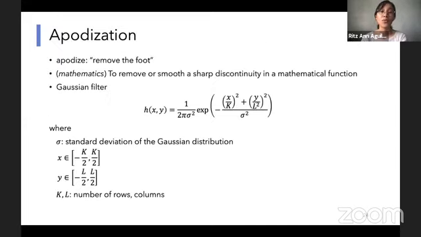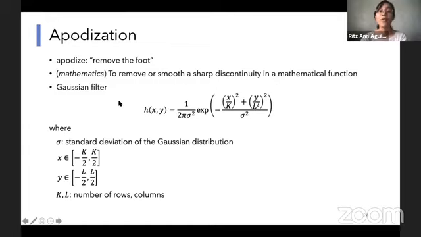Another method we use to increase the signal to noise ratio in the images, before employing the SCPS, or semi-calibrated photometric stereo algorithm, is to apodize the 2D images, which mathematically means to remove or smoothen sharp discontinuities in a mathematical function.